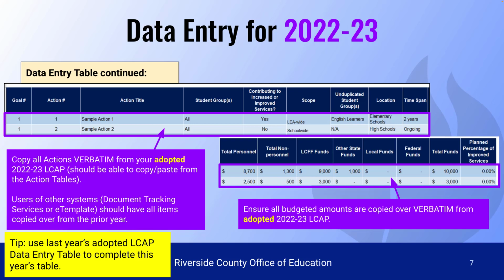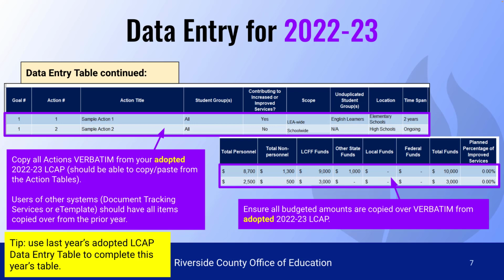You should be able to copy and paste from prior year action tables, or you may simply use last year's adopted LCAP data entry table when you completed last year's LCAP. Users of other systems, such as document tracking services or the e-template, should have all items copied over from the prior year automatically.